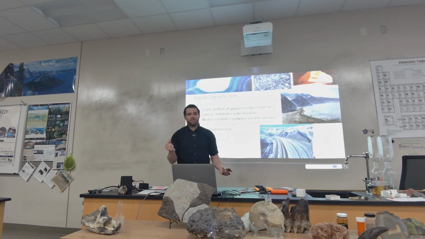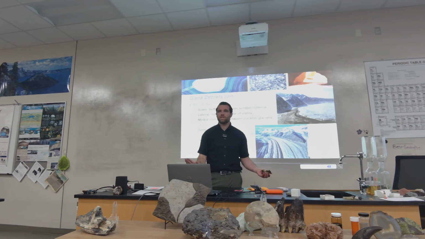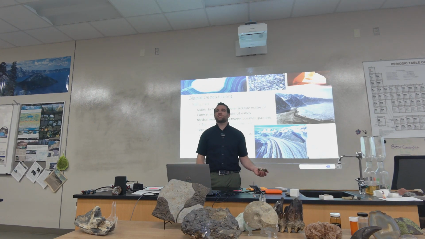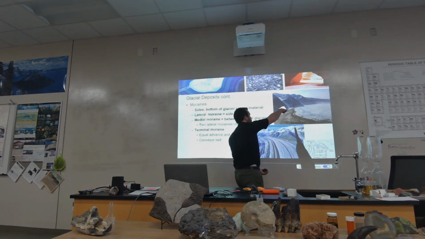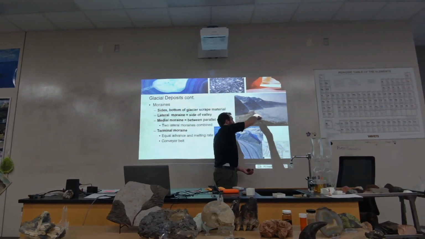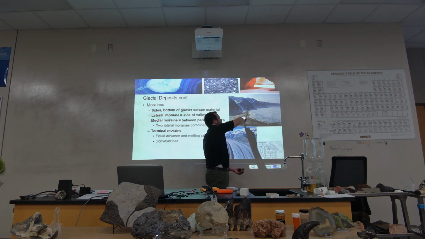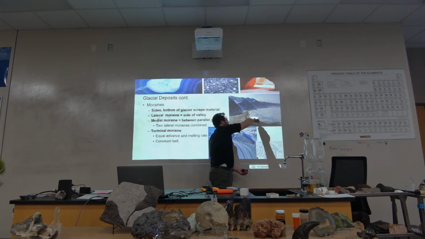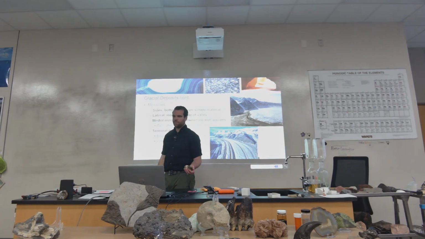Then, at the very end of my glacier, wherever all that material is currently being dumped as that glacier is melting, that's called a terminal moraine. Terminal moraines form perpendicular to the direction of travel of my glacier. So my glacier is moving generally that way. This is my terminal moraine that's forming at the terminus, where it is currently melting.